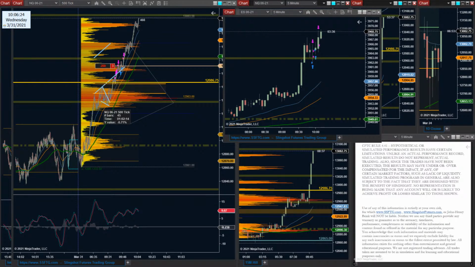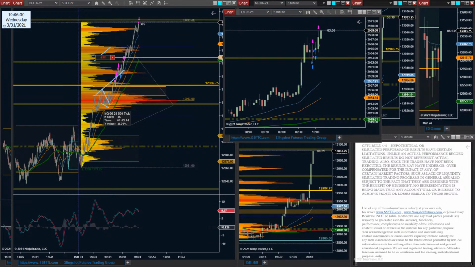We are approaching the 1 DP to the upside. This will be the next zone of resistance. Still keeping risk incredibly light.